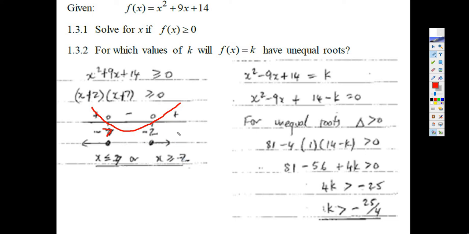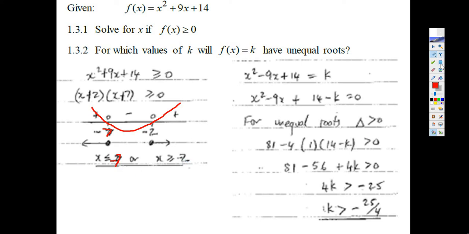You could try a number like minus 1 or 0 to show it's positive. If you pick a number on the left, like minus 8, you can show that it's also positive. So anything less than minus 7, or x greater than minus 2. Now that's your solution.